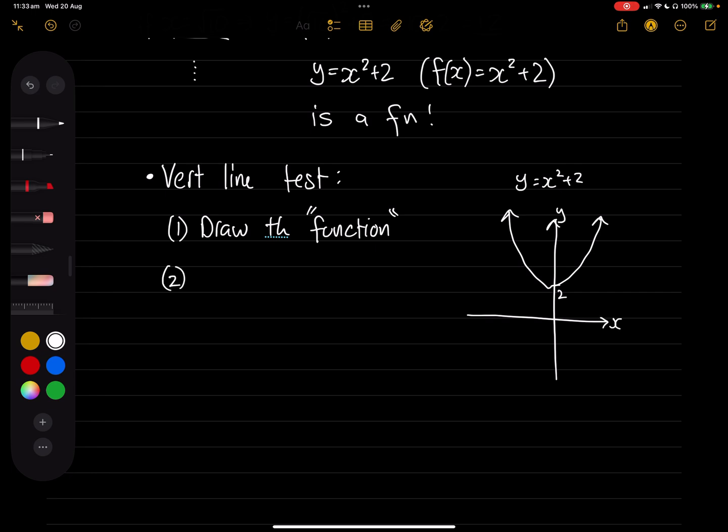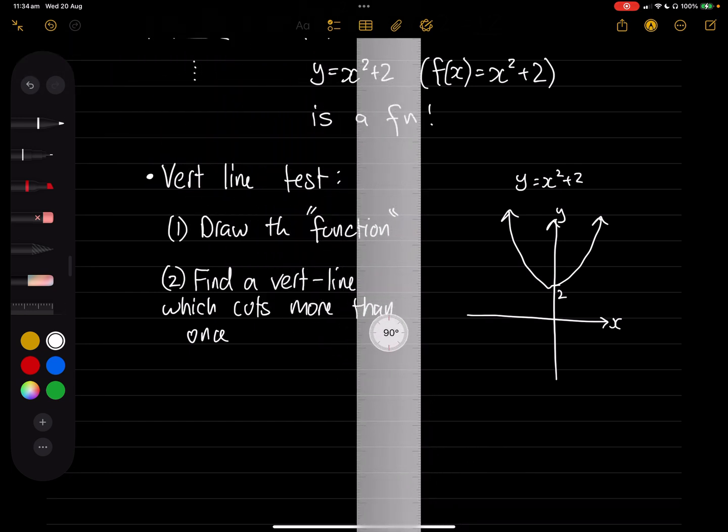And then step 2 is you find a vertical line which cuts more than once. So we want to draw a bunch of vertical lines on this. So let's get our little ruler tool out.